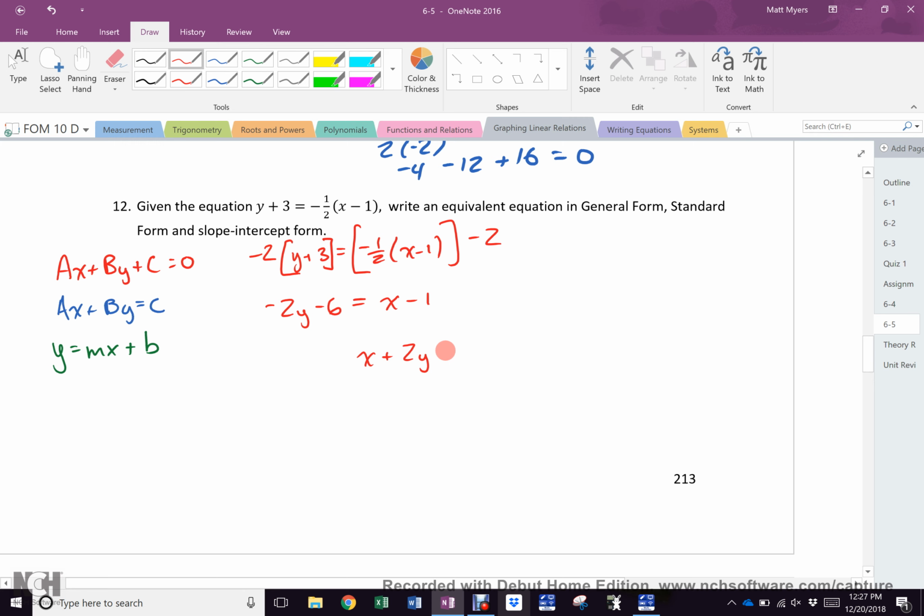Just there is fabrication. Okay, standard form, which I forgot how to do. You don't.